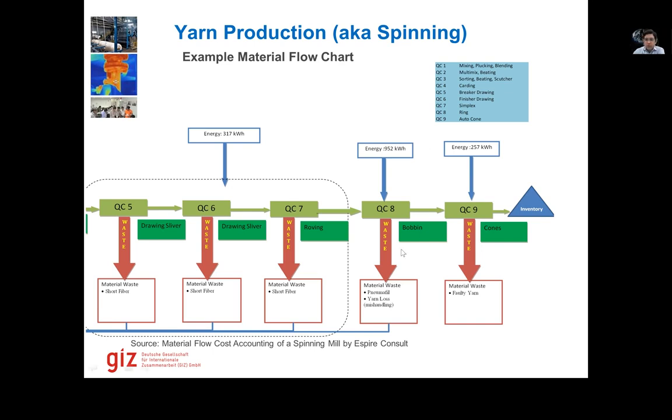We have small bobbins coming out of this process that we call ring, and the machine is called the ring frame. Normally the size of a spinning mill is calculated based on the number of frames they have, so the number of bobbins they can produce at one time.